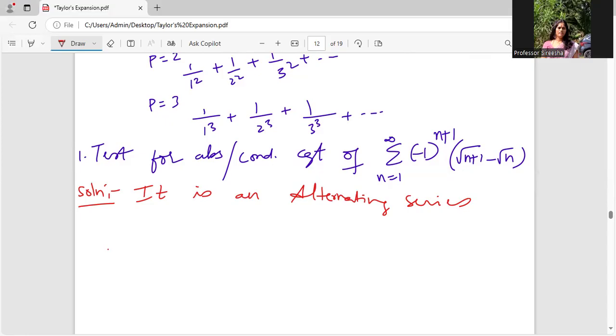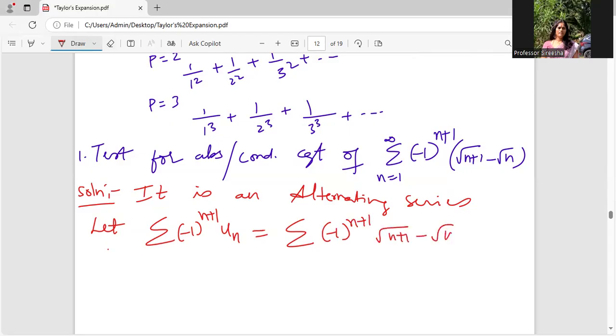So I'll consider the absolute series. First, I'll assume this is un. Let summation minus 1 power n plus 1 un equal summation minus 1 power n plus 1 times under root n plus 1 minus under root n.